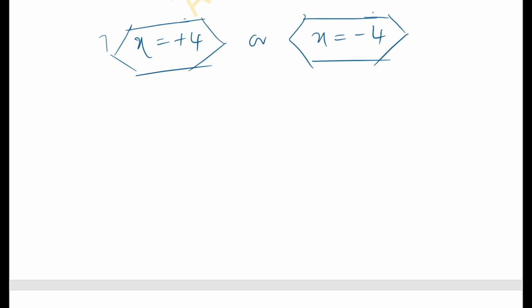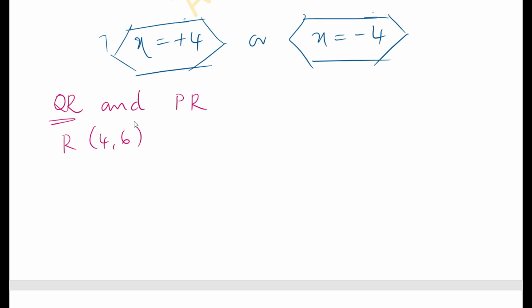Students, after finding the value of x, you need to find out the length QR and PR. That is, the point R is 4, 6.